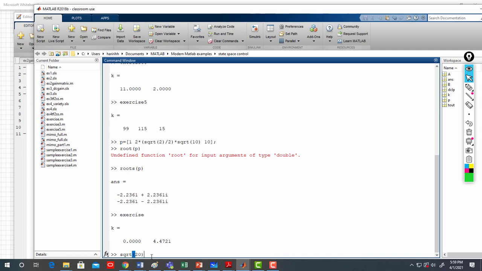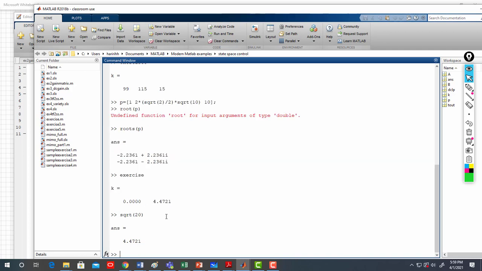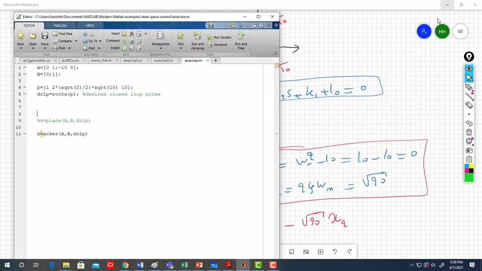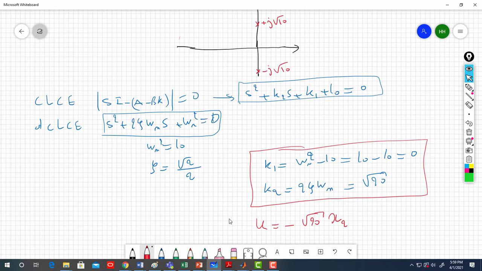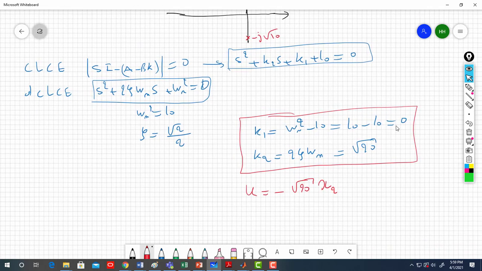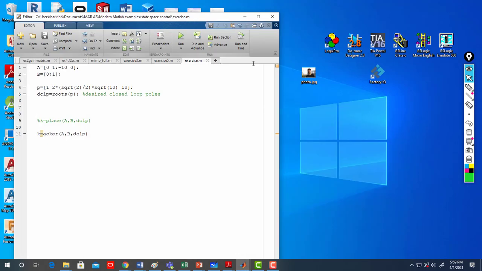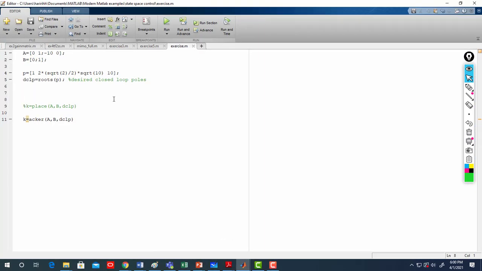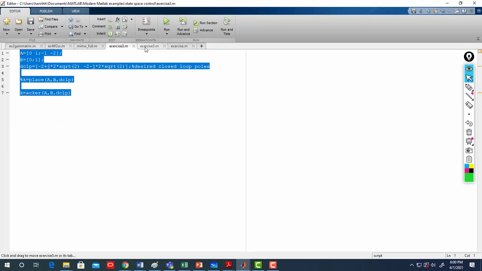That's what it computed. See, the same. So here is your calculation: we get K1 equals 0 and K2 square root of 20. Okay, fine. That's it for this exercise.